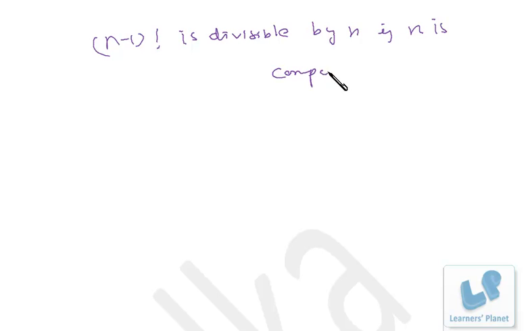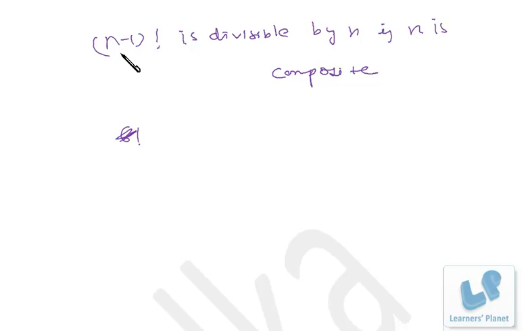Next thing, in the sequence of this Wilson's theorem: (n minus 1) factorial is divisible by n if n is composite. That means 7 factorial will be divisible by 8.